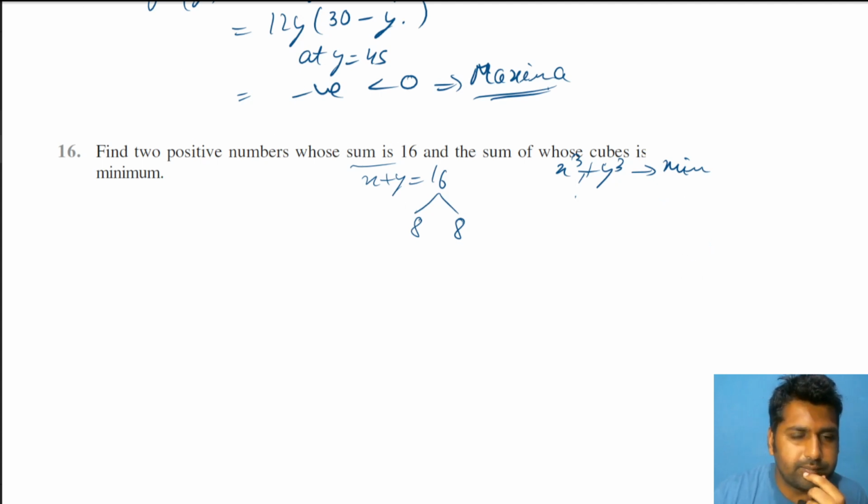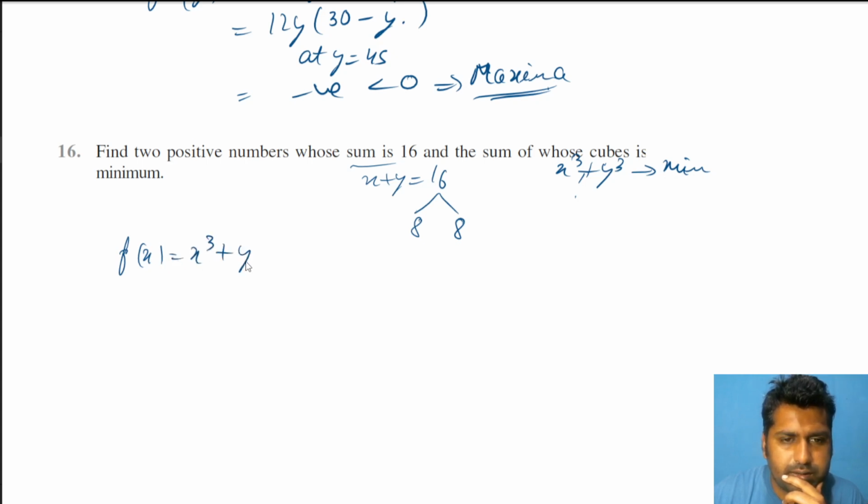Let's justify it again. Okay. So the function is x cube plus y cube, but we want it in a single variable, so x cube plus 16 minus x whole cube. So this is x cube, let it be.